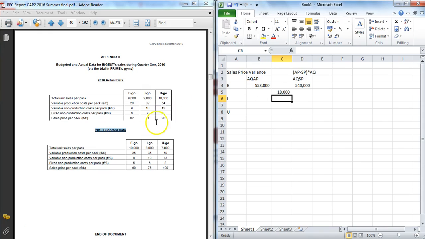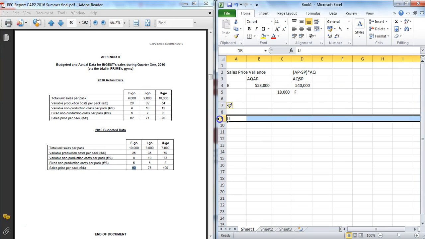So I sold for 62 when I thought I'd only sell for 60, therefore it must be favourable. It's a favourable price variance because I sold 9,000 units at €2 extra or more than I expected. So 9,000 times 2 gives me 18,000 favourable. And that's how you can interpret that.